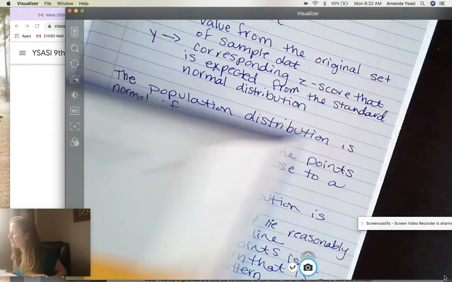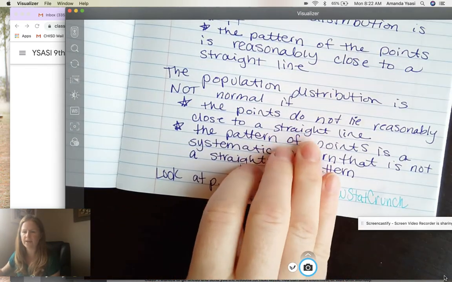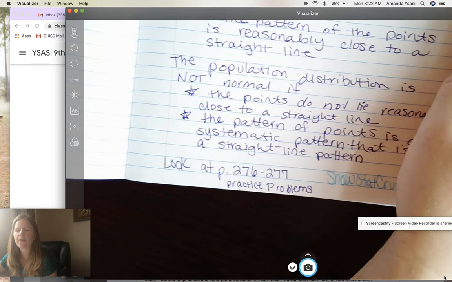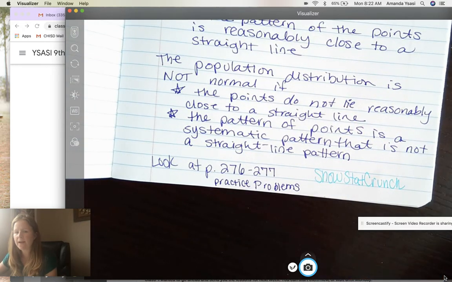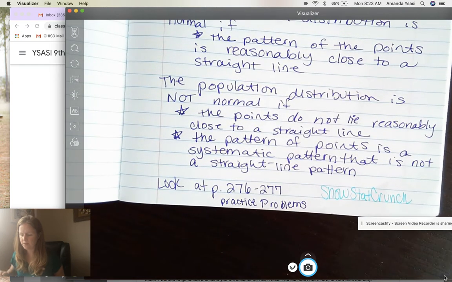Okay. The population is not normal if the points do not lie reasonably close to a straight line. And also, if the pattern of points is a systematic pattern that is not a straight line pattern, then it's not normal. So I'll give you two examples of that.